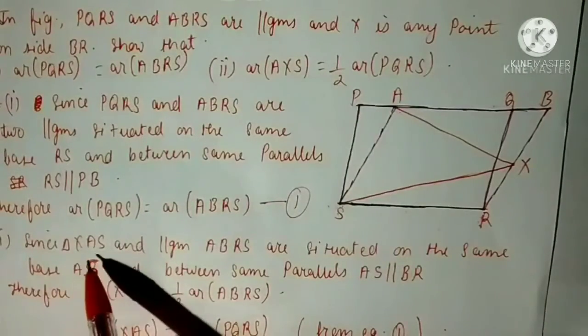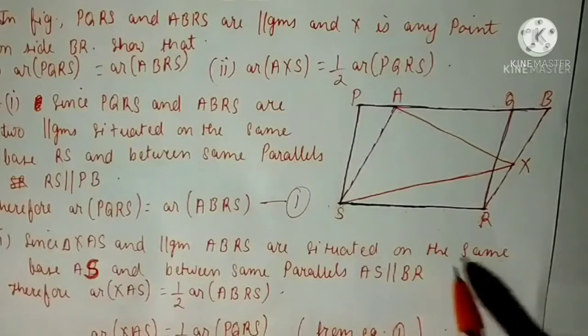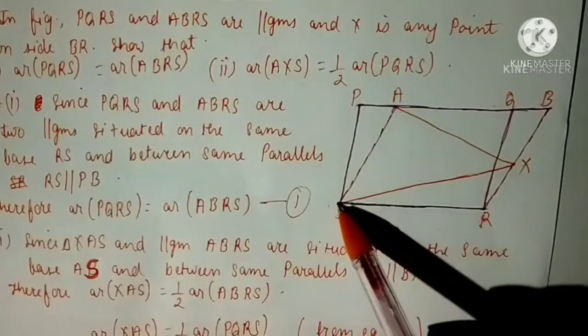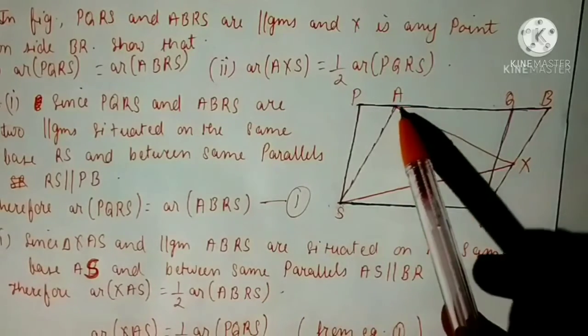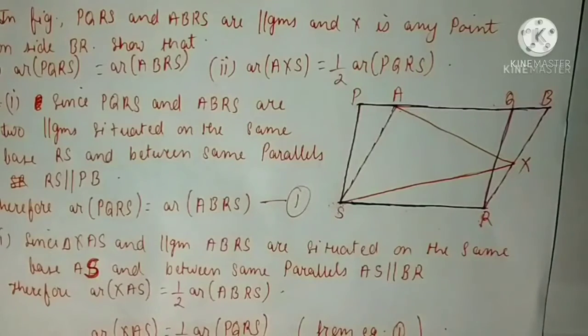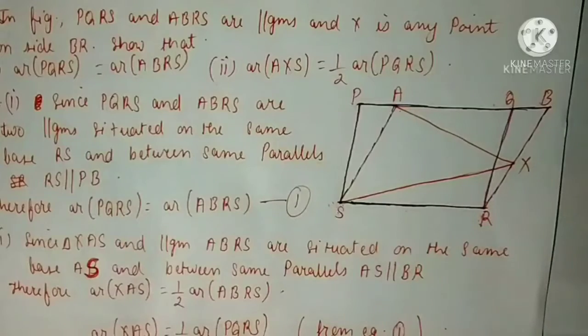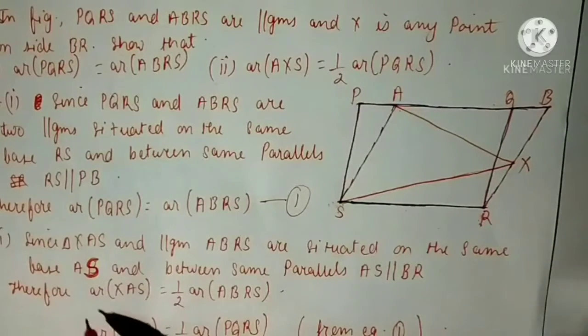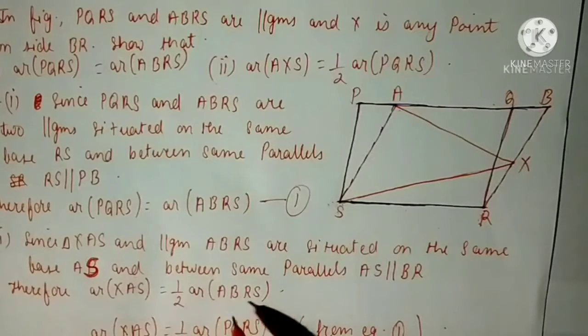So in this we can write, since triangle XAS and parallelogram ABRS are situated on the same base AS and between the same parallels AS and BR. Okay. Therefore the area of this triangle will be half of the area of this parallelogram. So area of XAS will be equal to half of area of ABRS.